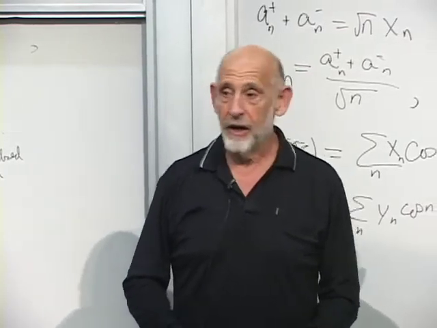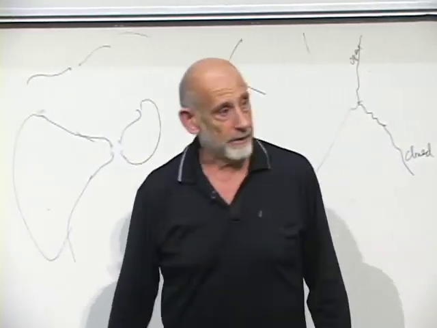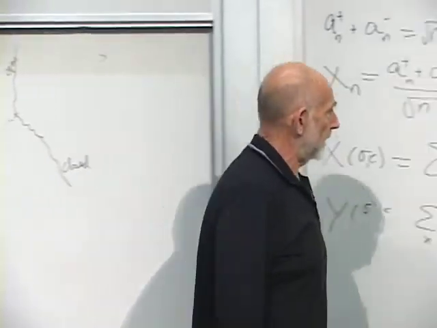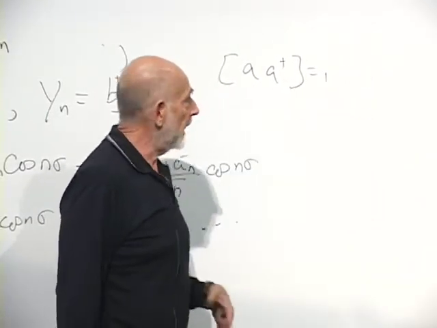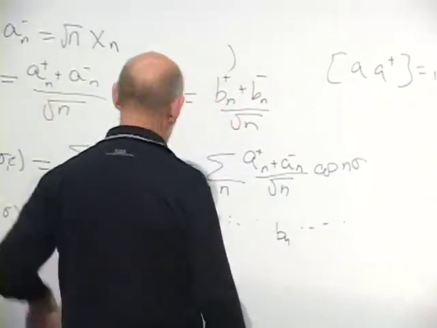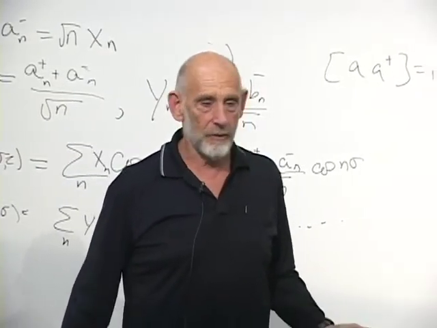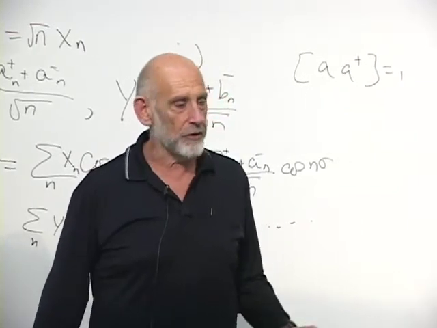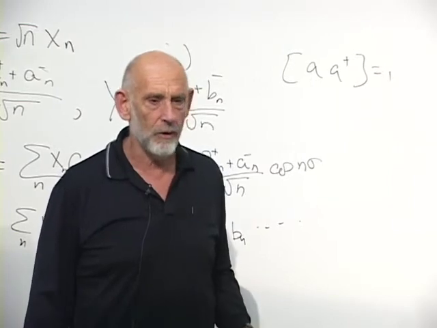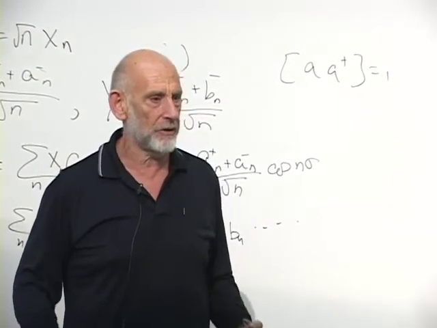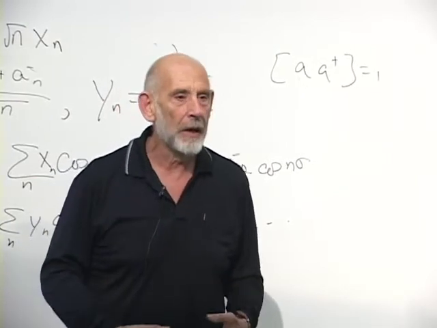Another way to ask the question is, I tell you that adding an excitation of energy increases the mass or the mass squared by a certain amount. In what units? Mass, that's what we were saying before. In what units? In kilograms, in giga-electron volts, in slugs. How much does one unit of excitation increase the mass by?